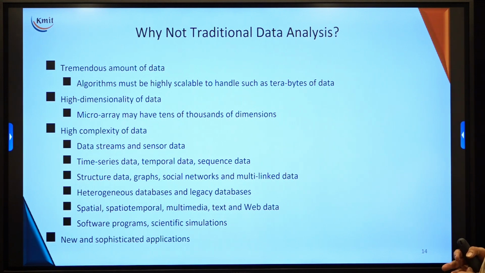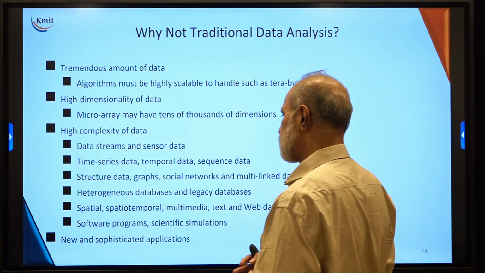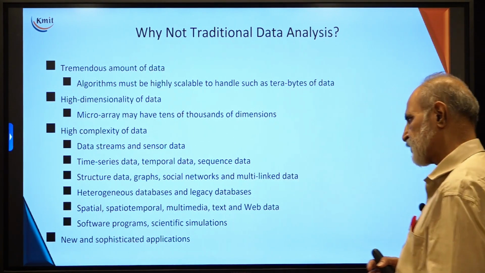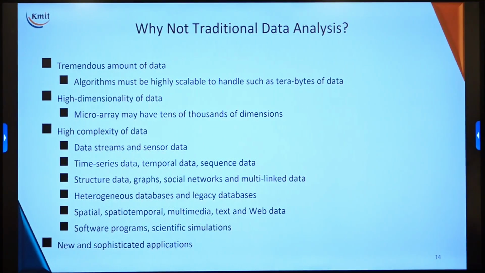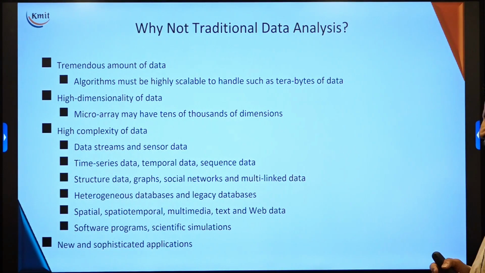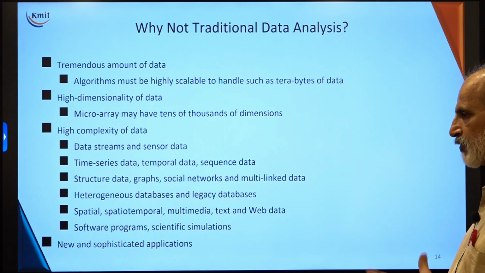Then we have a very important term in data analysis, and especially in data science: spatial. See the spelling, spatial, spatio-temporal, multimedia, text and web data. This is where a lot of research is going on, on spatial data, spatio-temporal. That means depending on the space you have a temporal logic.